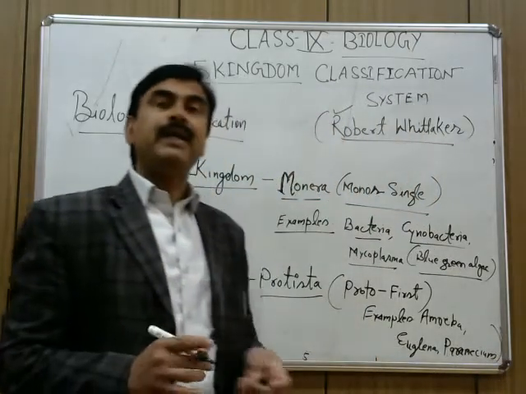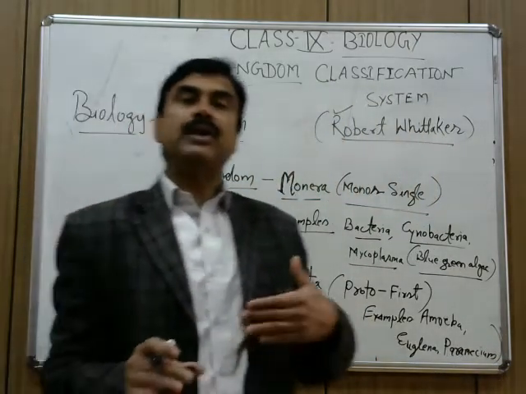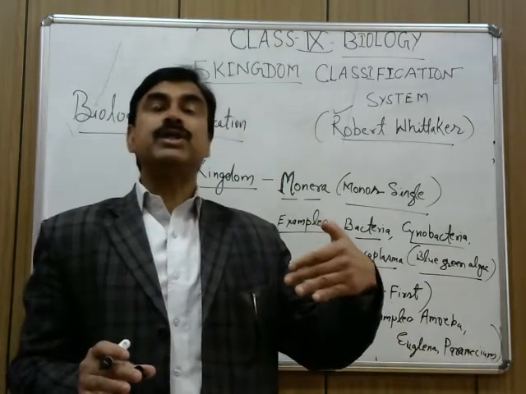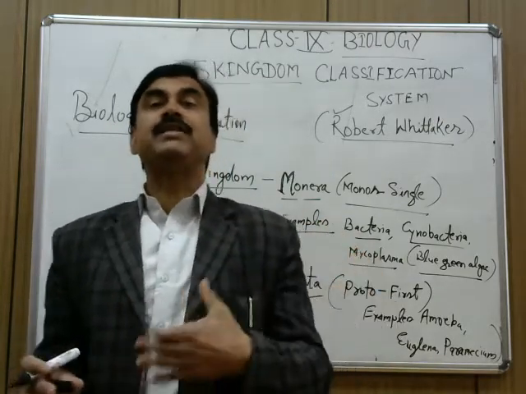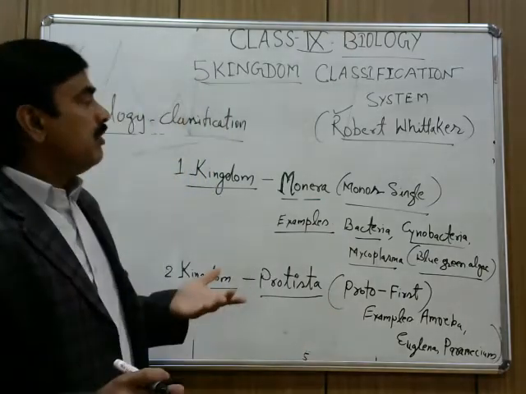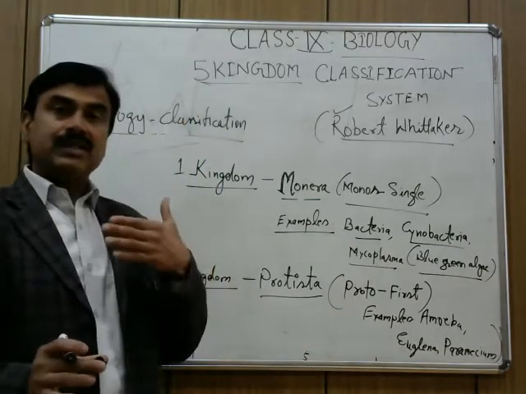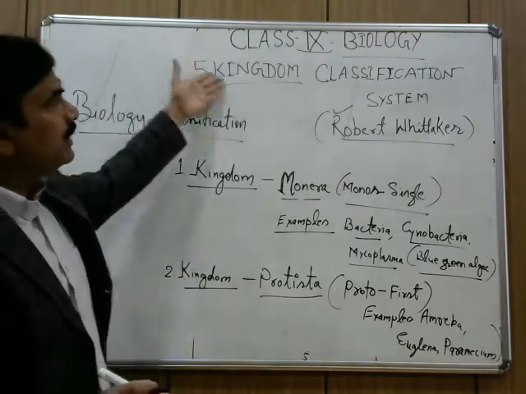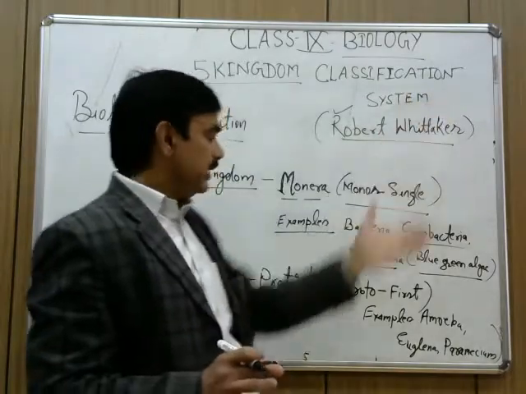There are many examples. As I told you in the first lecture, there are more than 1.7 million species of plants and animals in the classification. To make our study simple and easy, the 5 kingdom classification system was started.